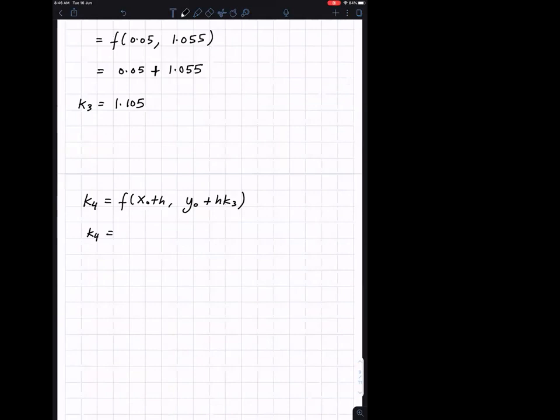F of x0, which is 0, h is 0.1, y naught is 1 plus 0.1 multiplied by K3. 1 plus 0.1 times 1.105 is 1.1105.